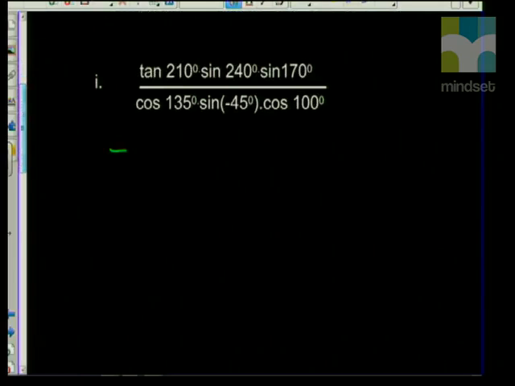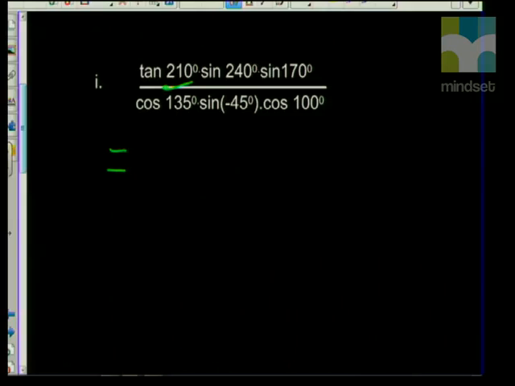Right. Now, you've got tan 210. What you need to try and do is to get these big degrees into your acute angles, most preferably your special angles. So I've got 210, which is close to 180.